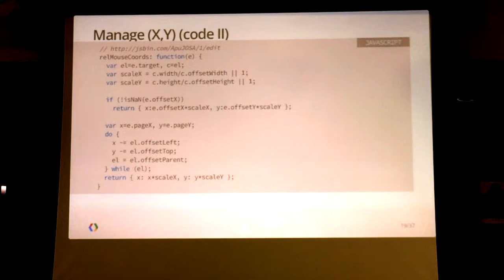So this code, I found it online. How does it work? I didn't really have to work out the details that this author did, but essentially what it does is it works out where the DOM element, the canvas, is located in the entire document, and it has to change the offset based on parent elements.